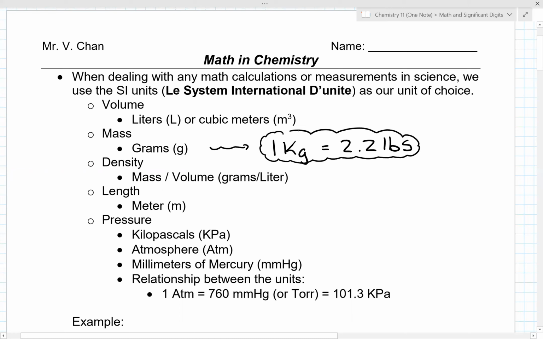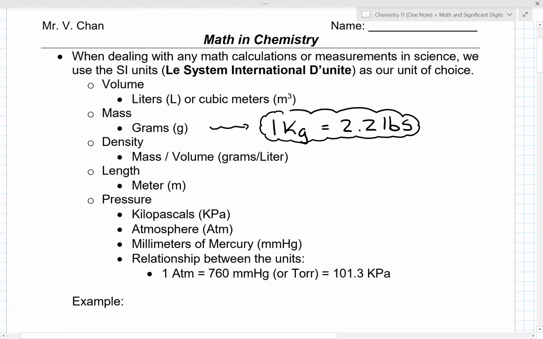All right. Now, for pressure, there are actually three units that can be used to describe pressure. One of them is kilopascals, or pascals, which is just a unit to measure pressure.